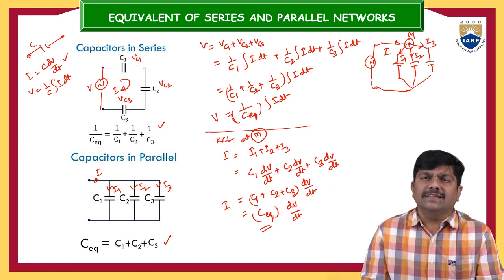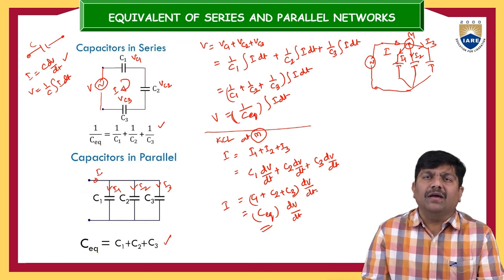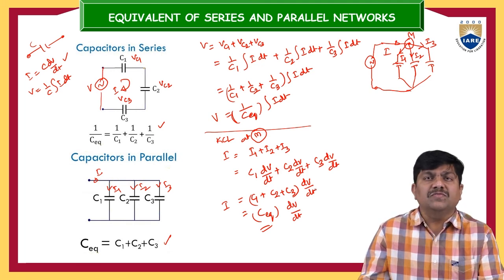See, for the resistors and inductors also we have calculated if they are connected in parallel. But there we got a reciprocal: 1 by R equivalent is equal to 1 by R1 plus 1 by R2 plus 1 by R3. But here the capacitor values are different. Now try to remember the formulas for various passive elements.